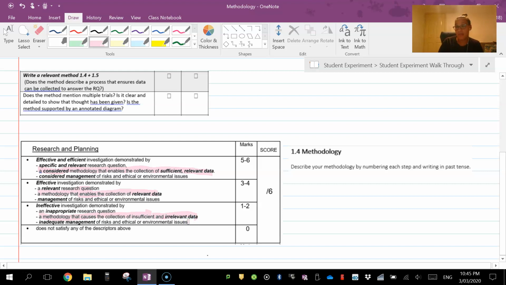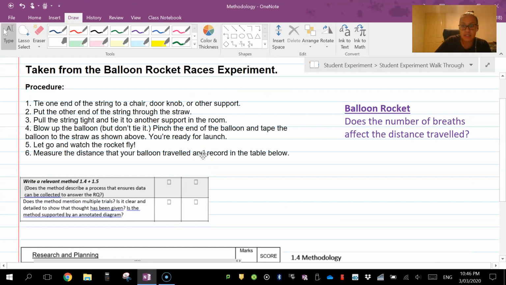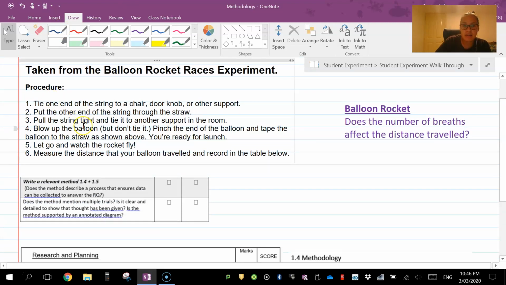So you might suggest something that isn't actually relevant to your experiment, or doesn't allow you to answer the research question. So if we have a look back up here, our independent variable is the number of breaths.